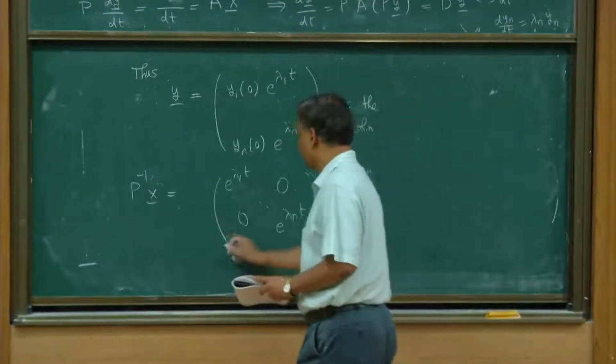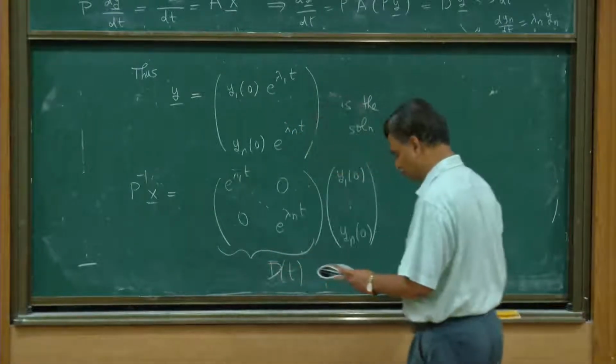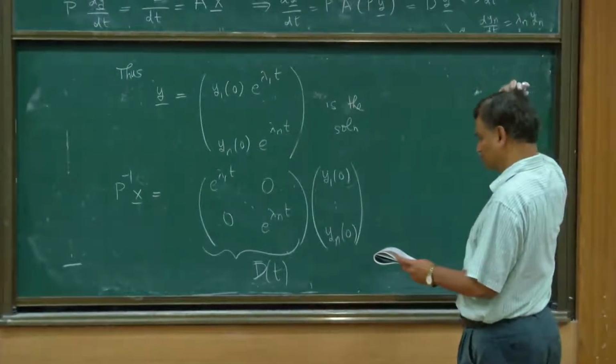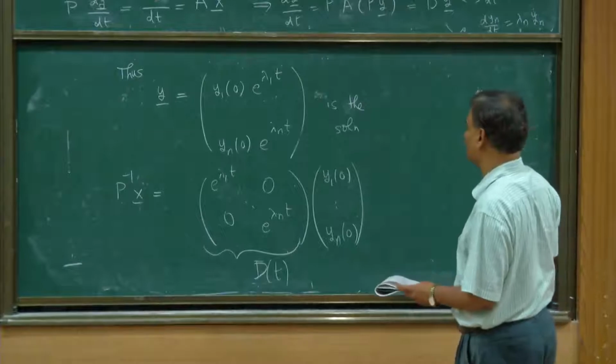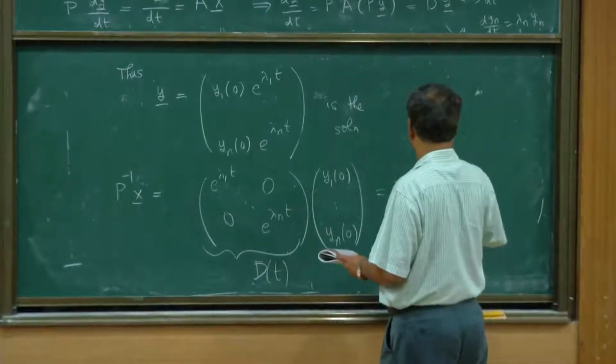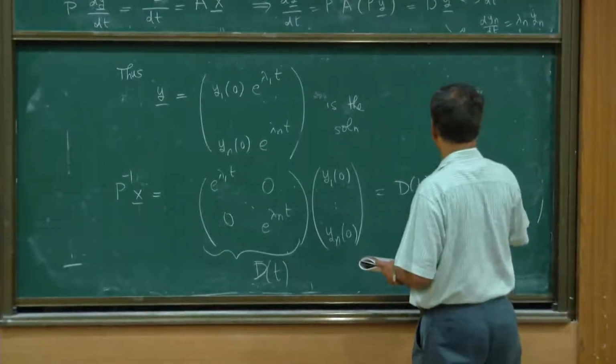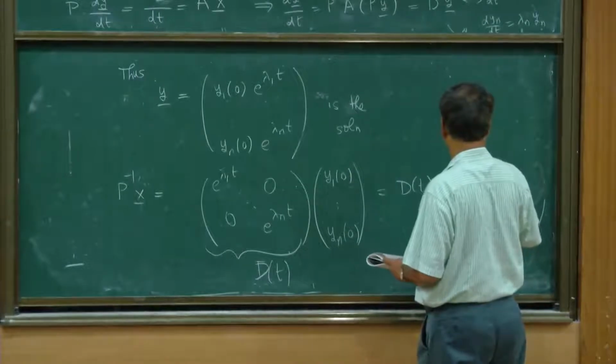Okay. Suppose I call this matrix D(t). Okay. So P inverse x(t) is D(t) times y(0), and y(0) is P inverse x(0), right?